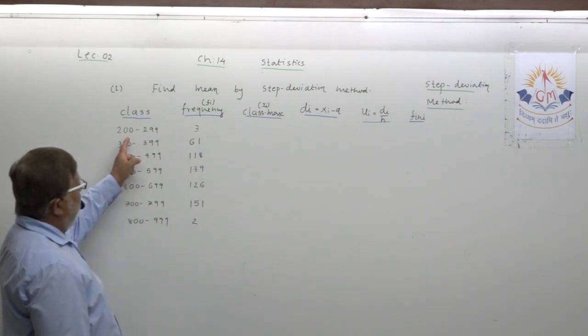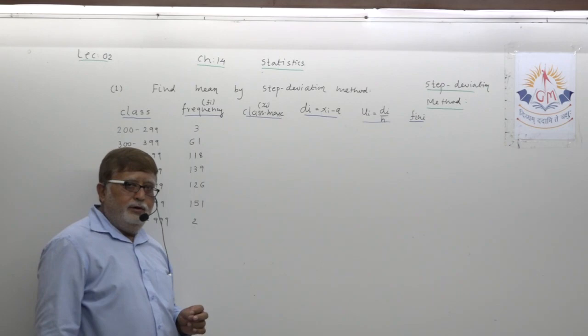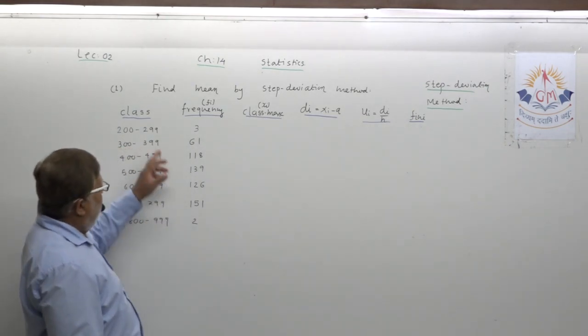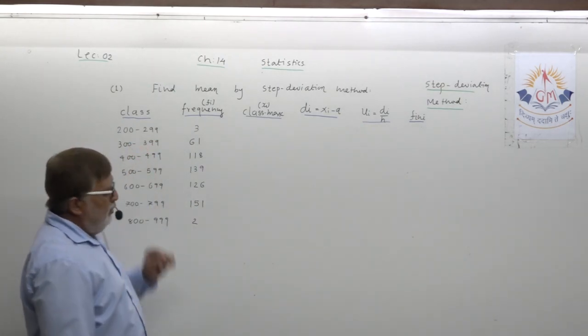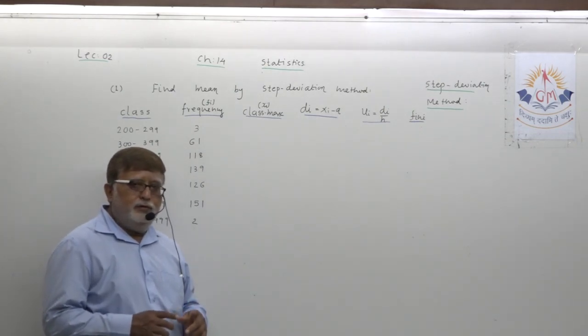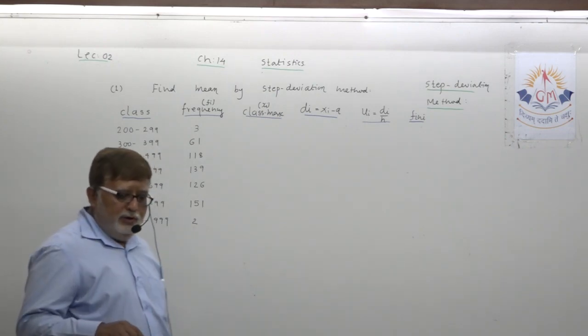This is discrete, discontinuous data: 200 to 299. If it were continuous data, then the second class would have to start with 299, but it is starting with 300. That's why this is called discrete or discontinuous data.